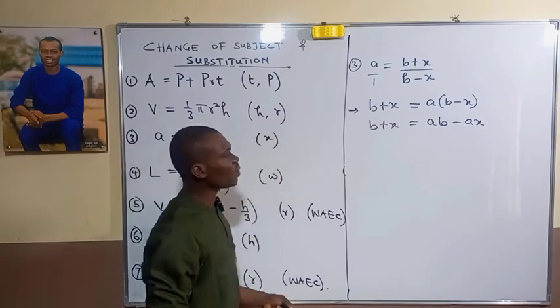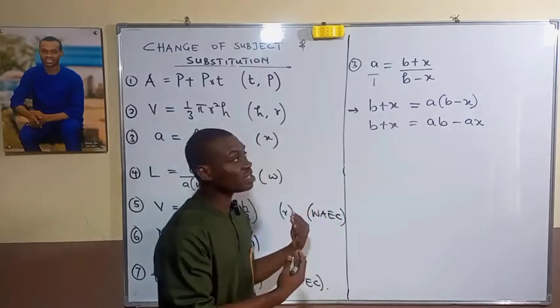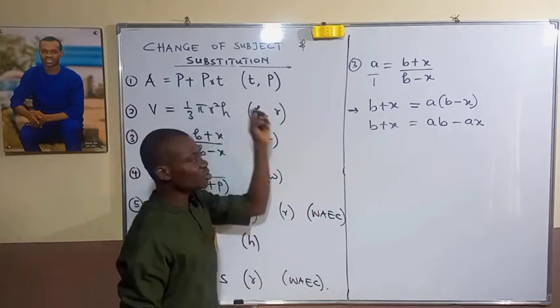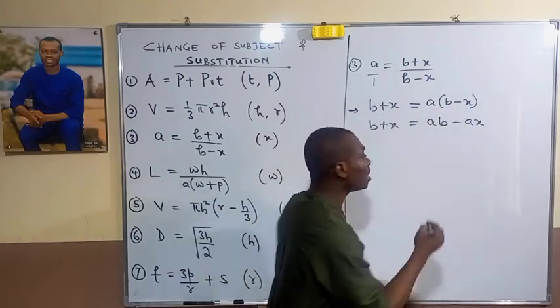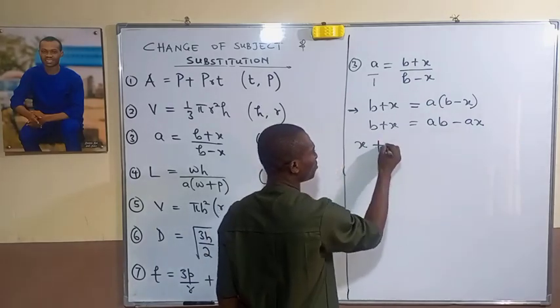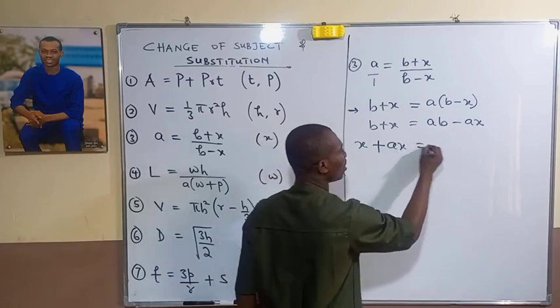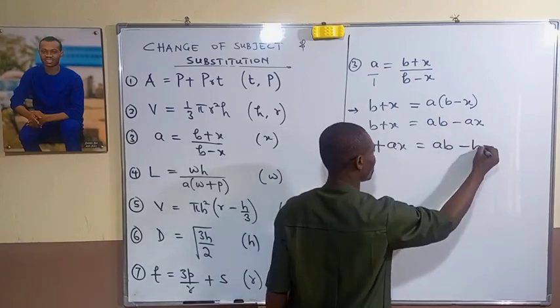Okay, and at this point, I can now easily gather all my x to one side. So I will take minus ax to this side and take b to the other side. So I'm going to now have x, minus ax coming here will become plus ax equal to ab. B going over here will become minus b.